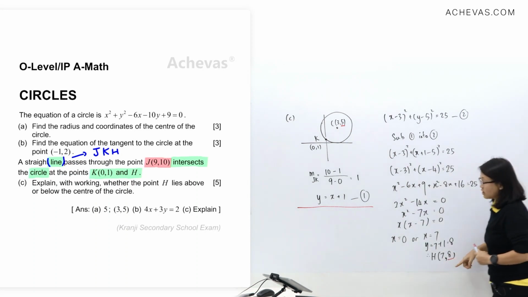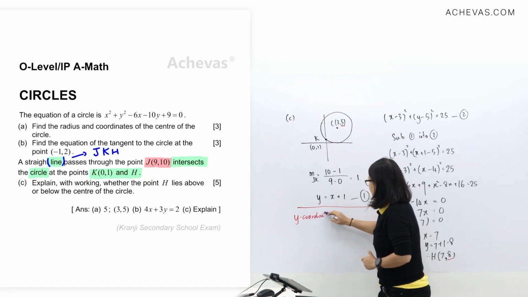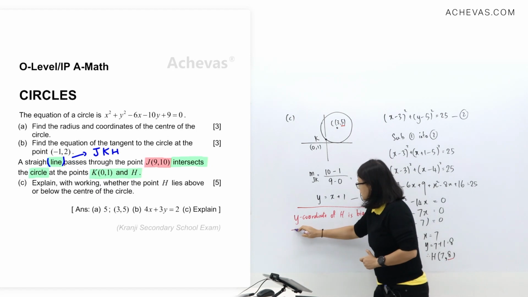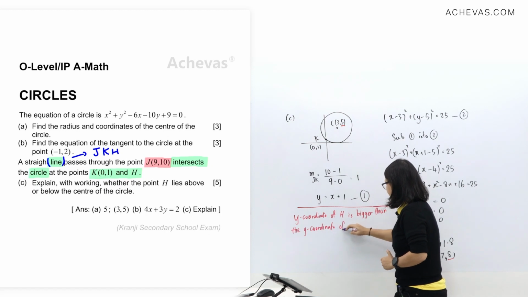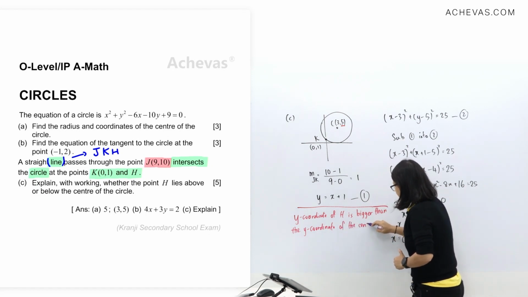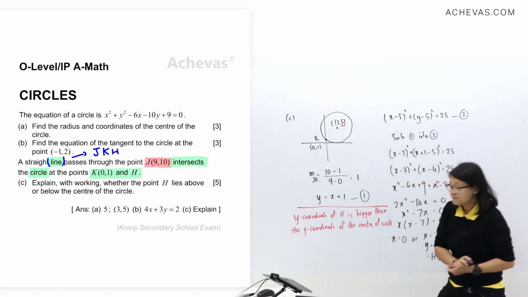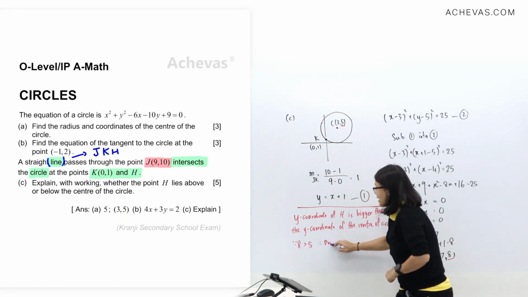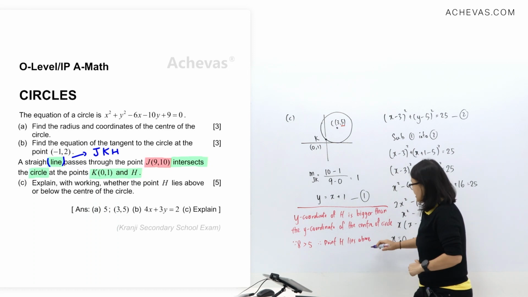Okay, so we notice that the y coordinate of H is bigger than the y coordinate of the center of circle, which is 8 more than 5, therefore point H lies above the center of circle.